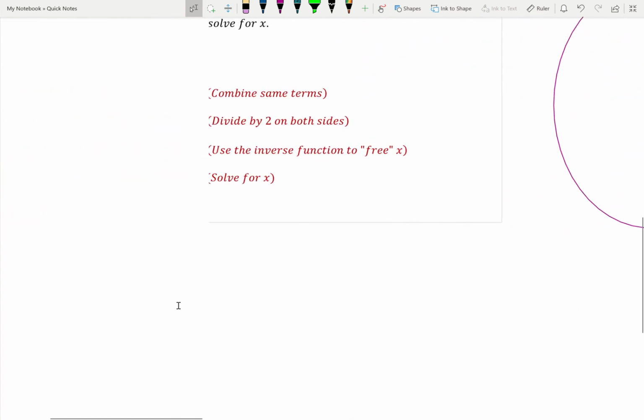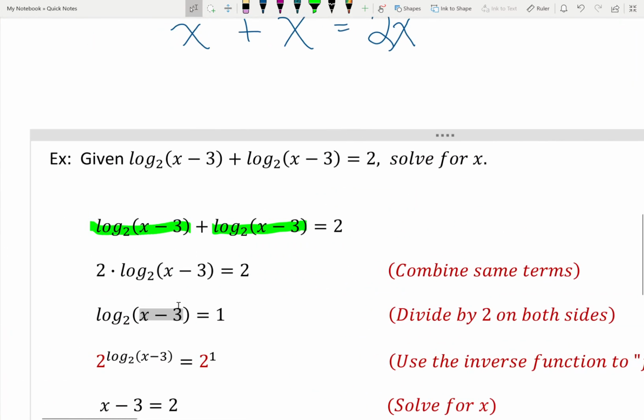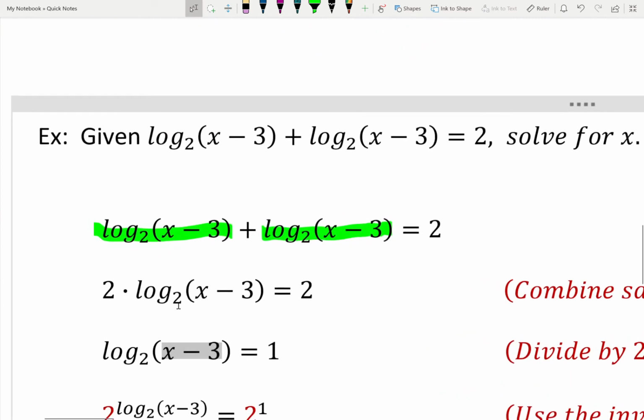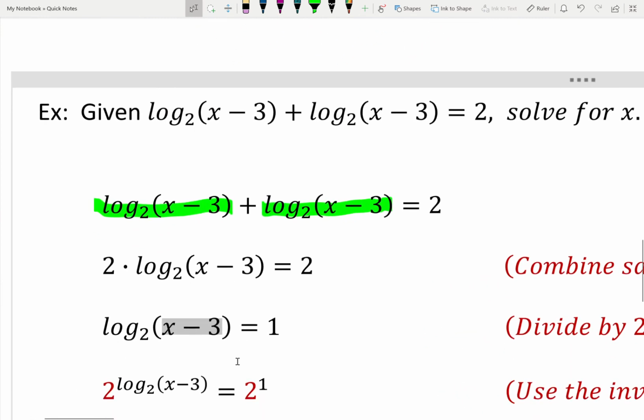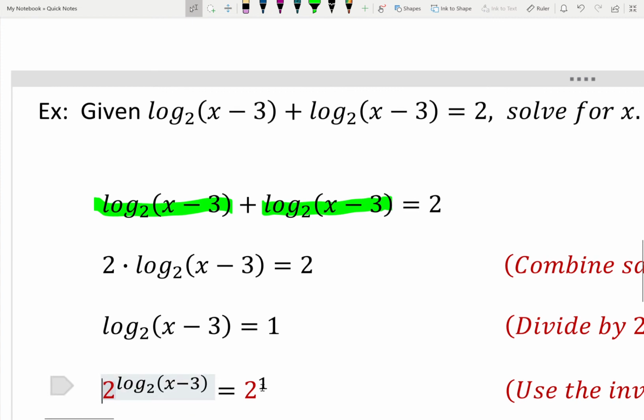So look what I do. You're going to put the left-hand side and the right-hand side both in the exponent of 2. So why did I pick a base 2? Because I need both my bases to match up in order to get rid of this log base 2. The 2 I picked as a base was not arbitrary.